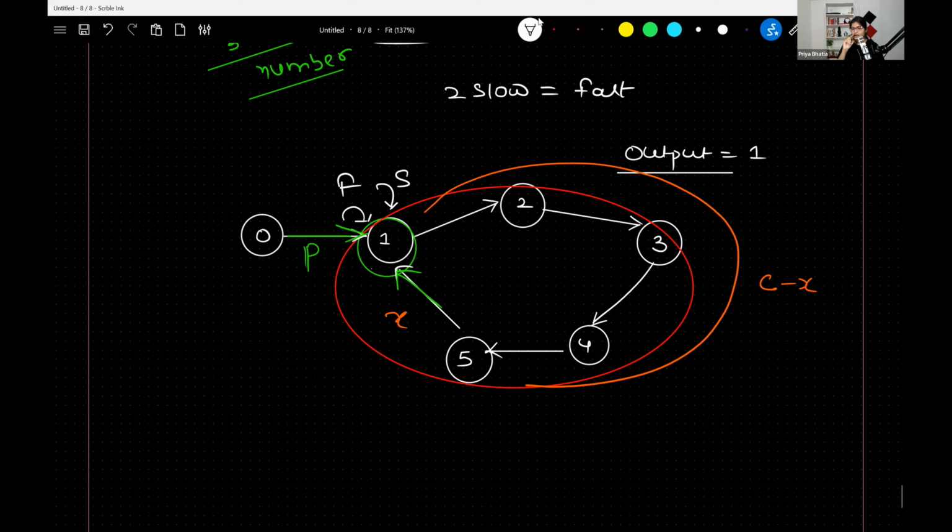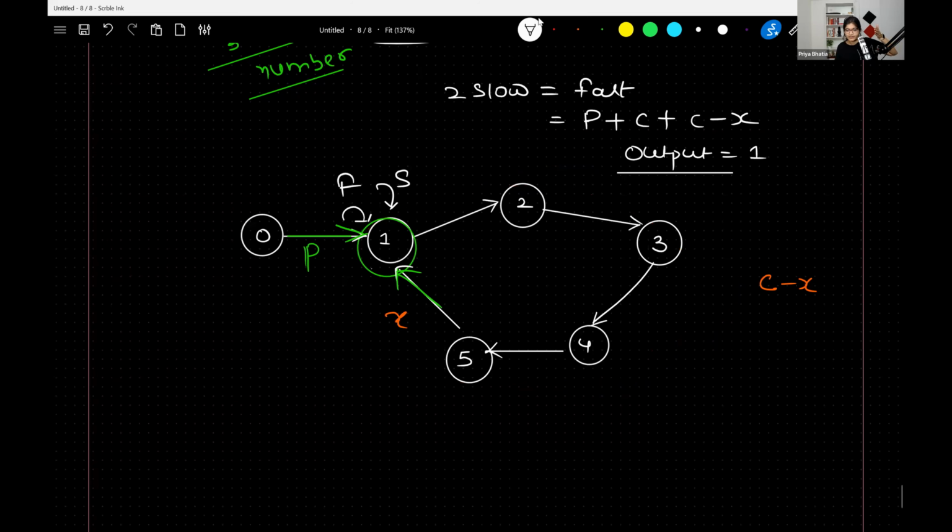Now the question is, how much will your fast pointer move? It will move P, plus it may complete a cycle C, plus it moves until 5, which is C minus x. So my fast pointer moves P plus 1 complete cycle plus C minus x, and that's where it reaches this value, 5.